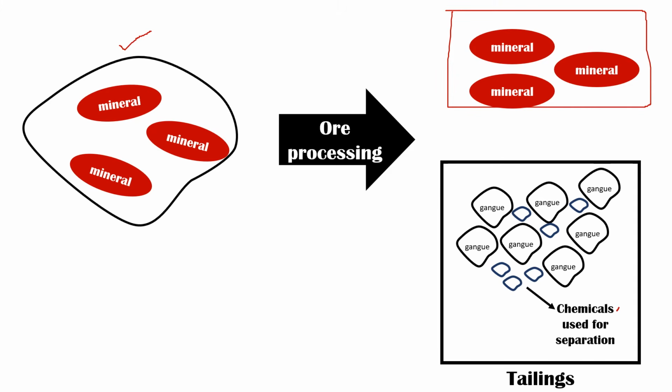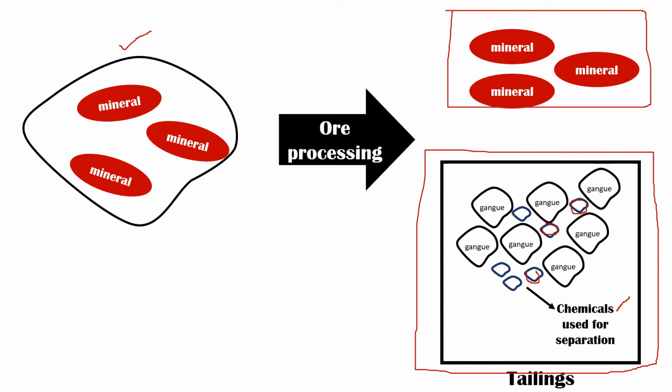Maaaring maglagay tayo ng chemicals para mahiwalay yung mineral sa gangue. And after that, after ore processing, you'll have this what you call as the tailings. So technically, this is the waste of ore processing. Mga bagay na hindi na kailangan after you have concentrated the minerals.